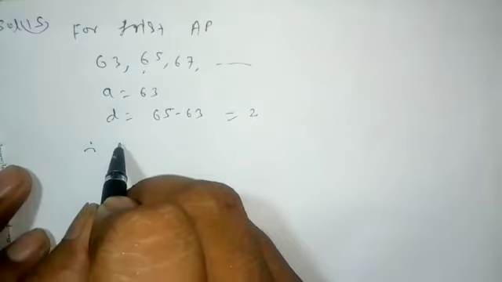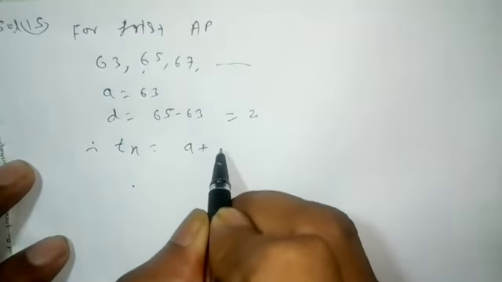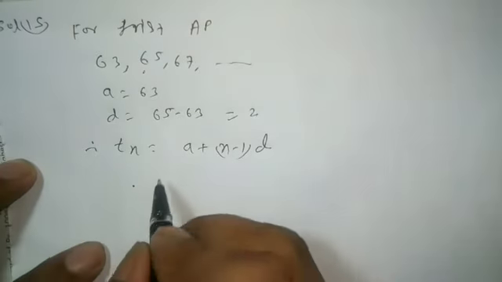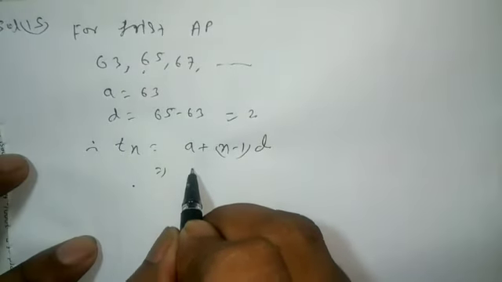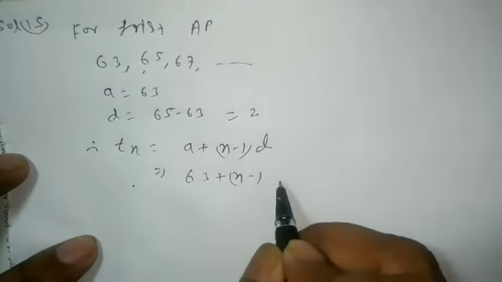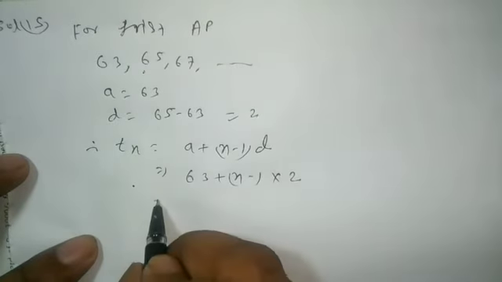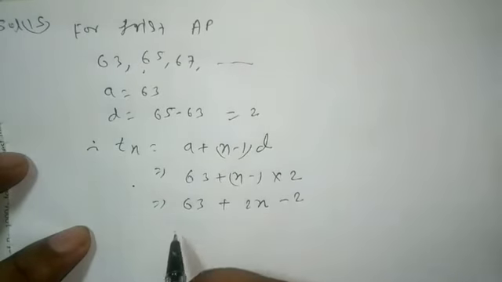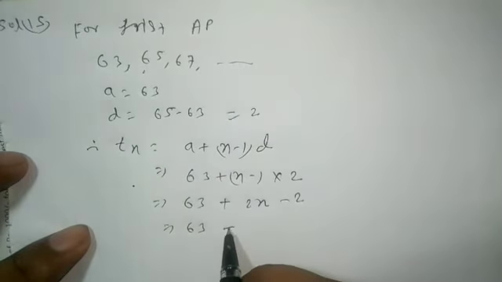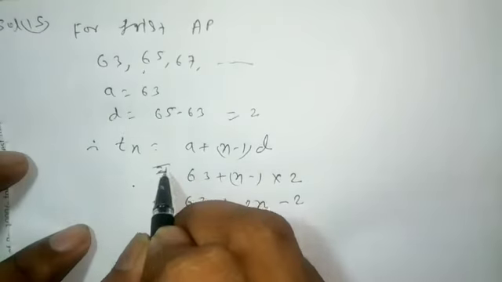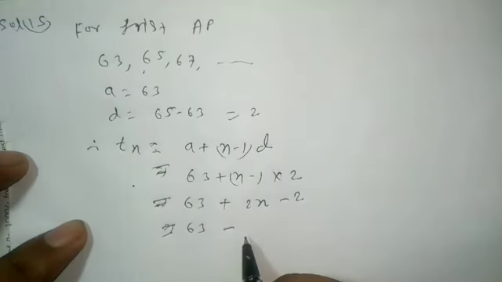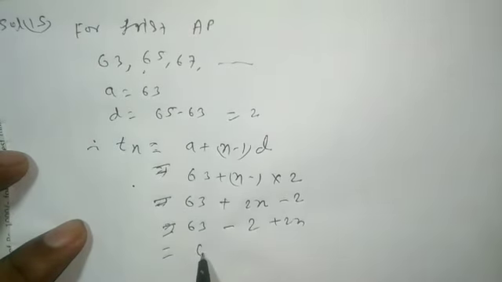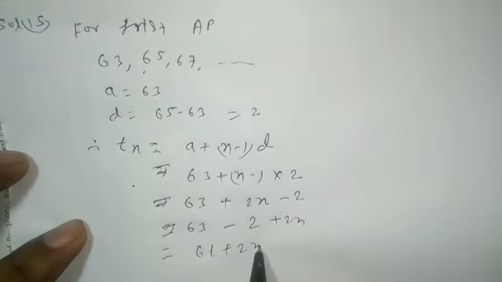Therefore, Tn is equal to A plus n minus 1 into D. Implies 63 plus n minus 1 into 2 implies 63 plus 2n minus 2 implies 63 minus 2 plus 2n is equal to 61 plus 2n.